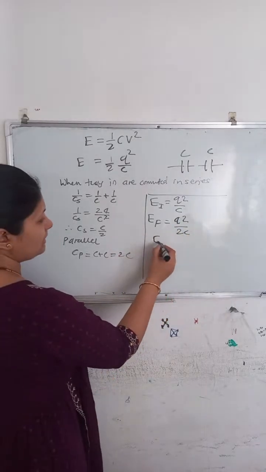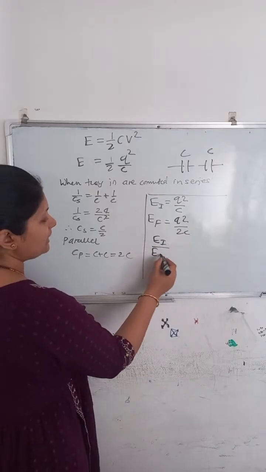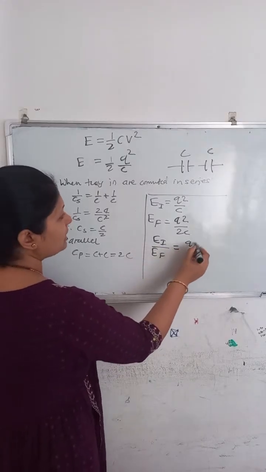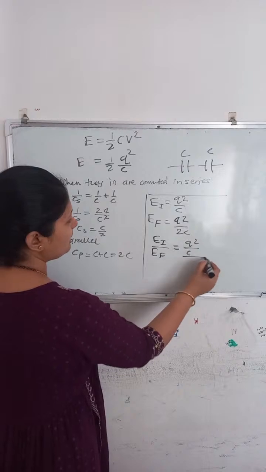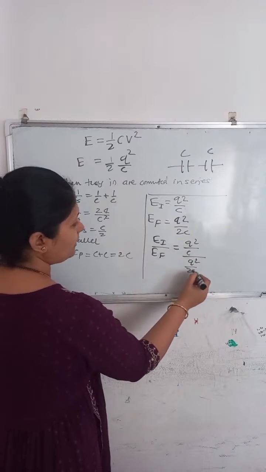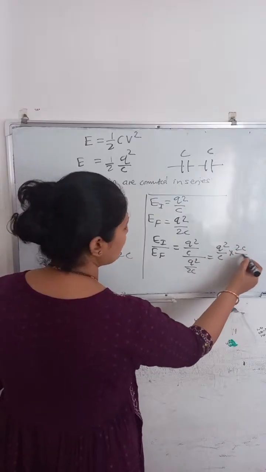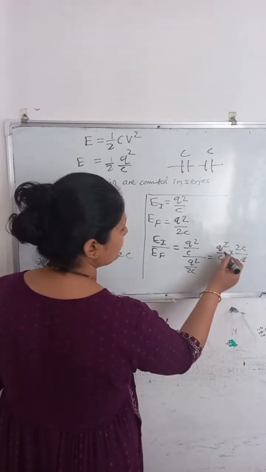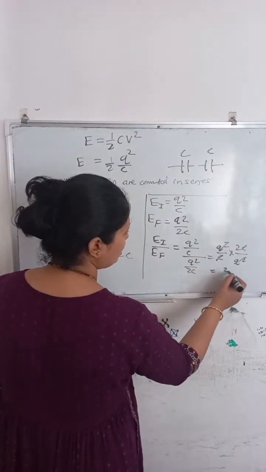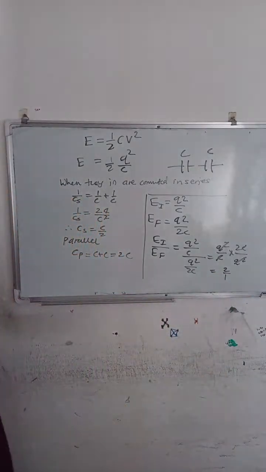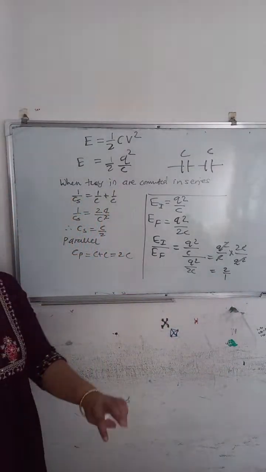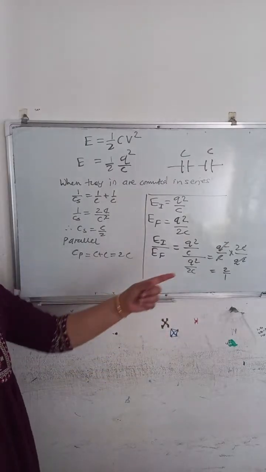Now taking the ratio of initial energy to final energy, that is Q square by C divided by Q square by 2C. So you get Q square by C into 2C divided by Q square. Q square and C get cancelled, and I get the answer 2 by 1. If they are asking final to initial, then it will be 1 by 2.